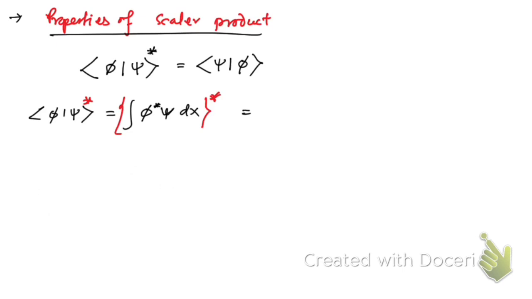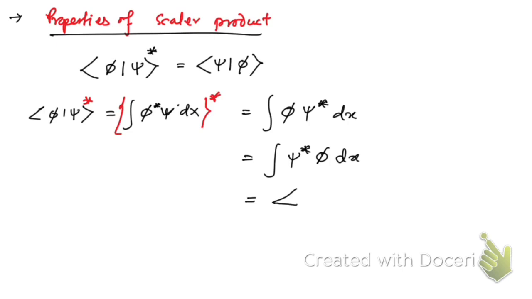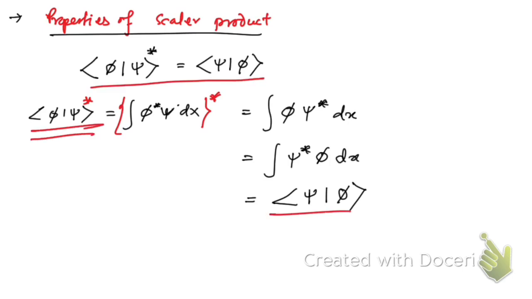So what we can write here is phi, but here there is no conjugate, so it's gonna be psi conjugate dx, right? So if that is the case, then you can rearrange it this way, dx, and this is nothing but the scalar product of psi and phi. So this is the property. Hope you have understood this, right?